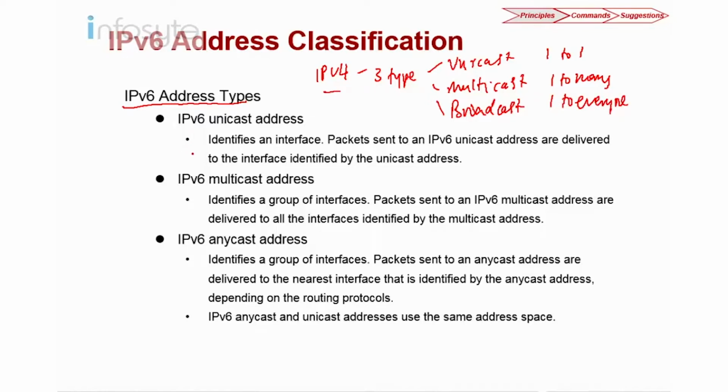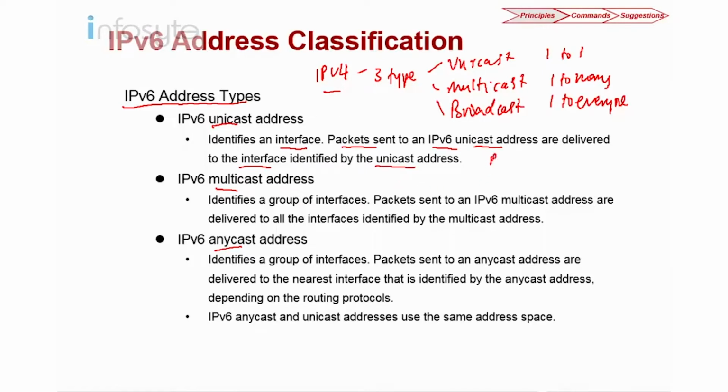Now in IPv6, we also have three types: unicast, multicast, and anycast. In IPv6, we do not have any broadcast. Just like IPv4, unicast is one-to-one, so an identifier and an interface. Packets sent to an IPv6 unicast address are delivered to the interface identified by the unicast address.